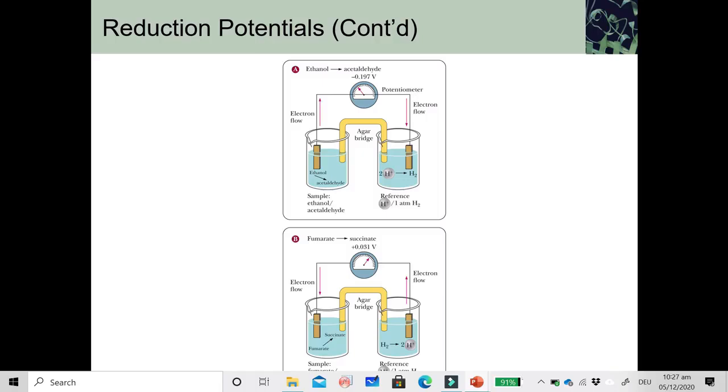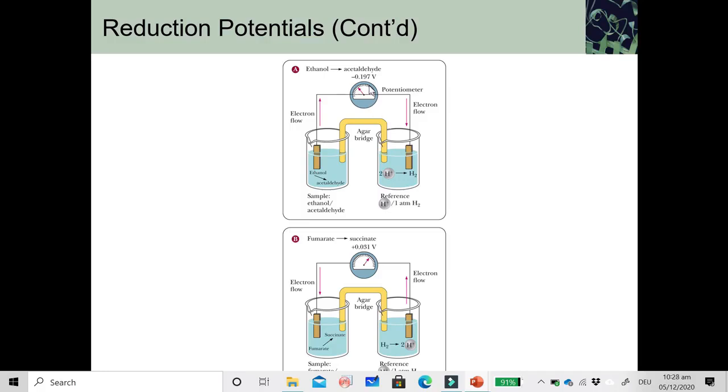So in this case, we're measuring the reduction potential of acetaldehyde, and we found that when you couple a mixture of acetaldehyde and ethanol, both at 1 molar concentrations, what happens is... if you're going to look at this, look at the value.